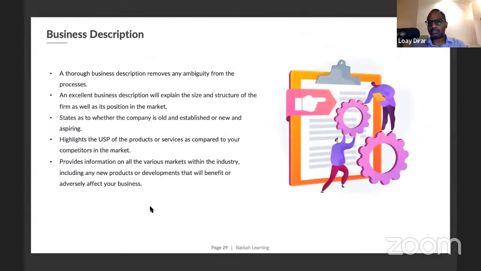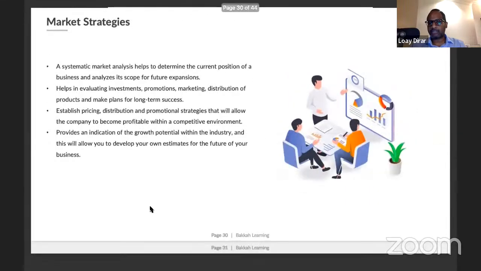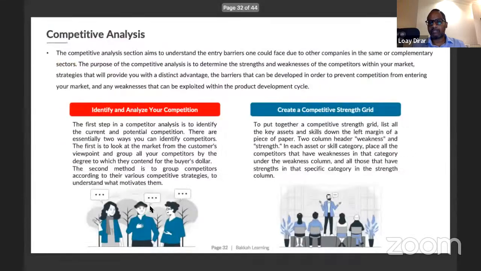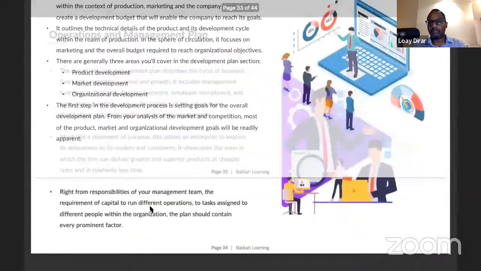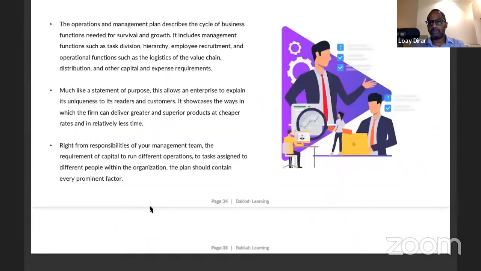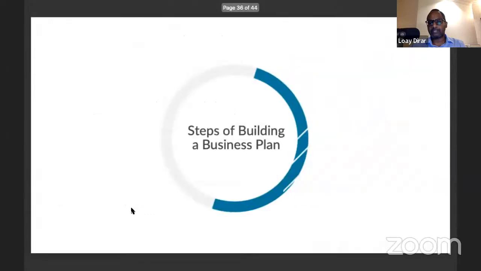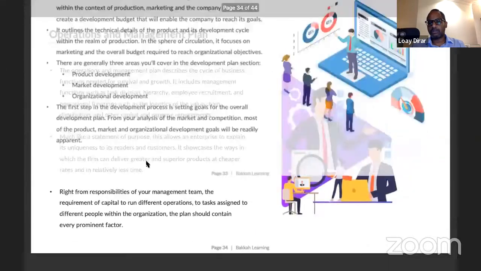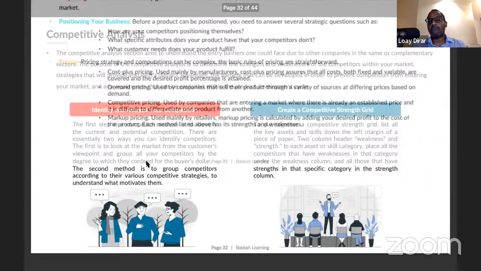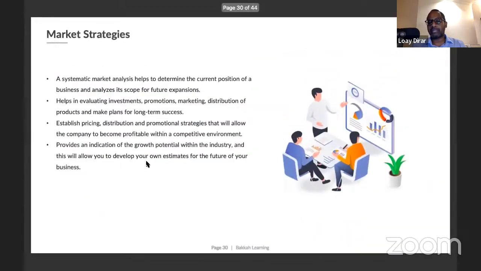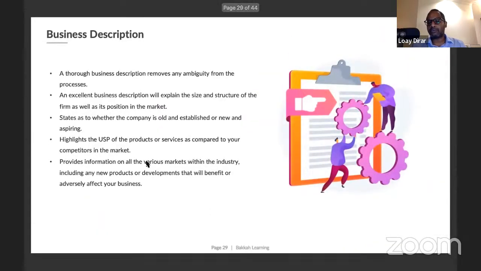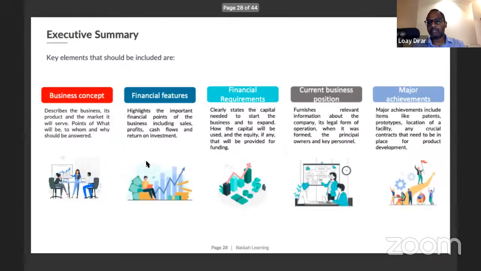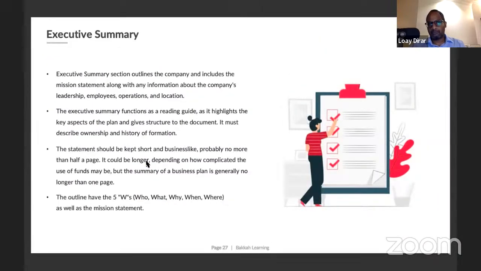Business description, market strategies, competitive analysis, design and development, operations and management, financial factors. These are all the components of a generic type of business plan. It's not necessary to follow the same direction here, but these are the most sufficient contents of a business plan.